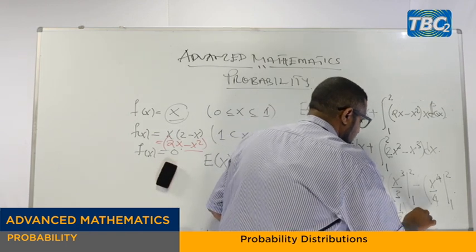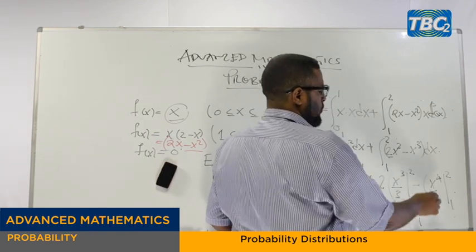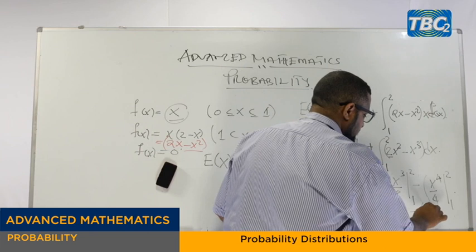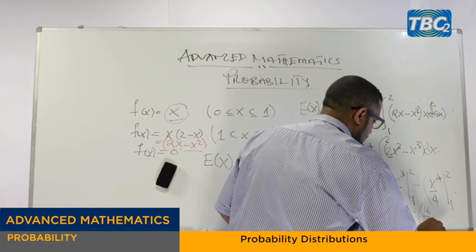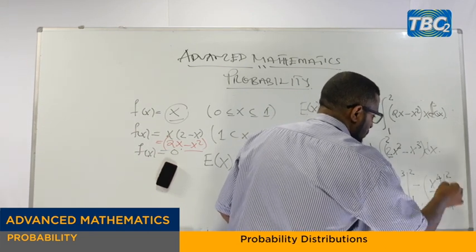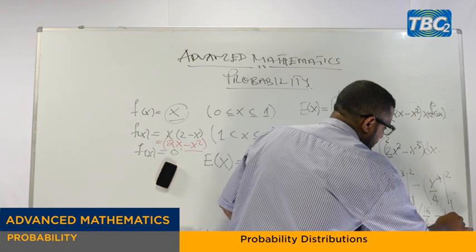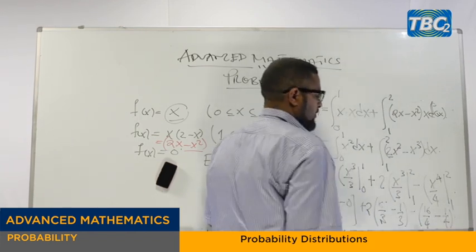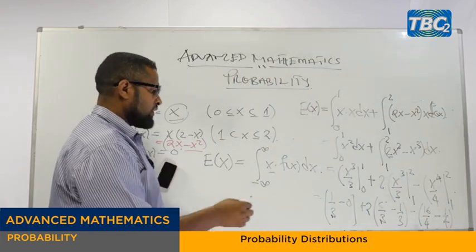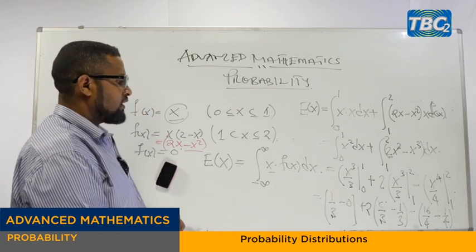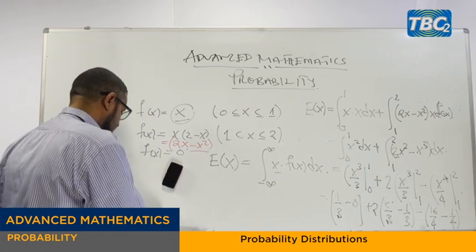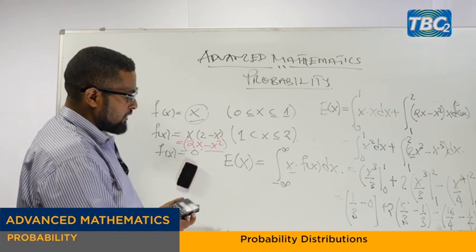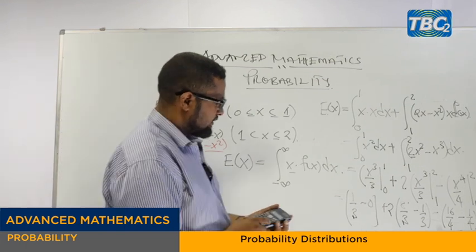And the last one is minus. When you take 2 to the power 4, it is 16 over 4, minus 1 to the power 4, which is 1 over 4. Then after that, take your calculator and simplify. So if you simplify, you will get the following.